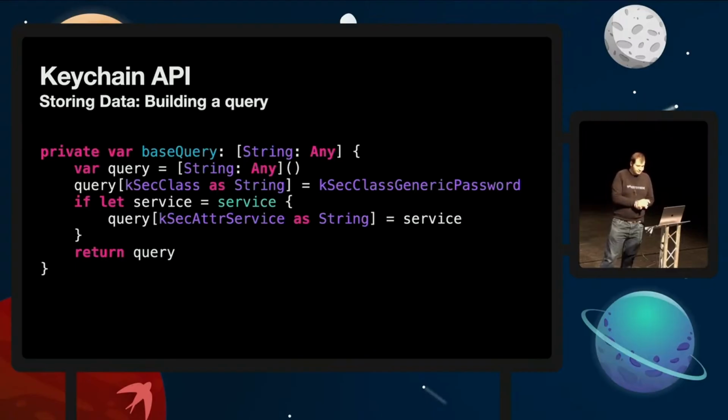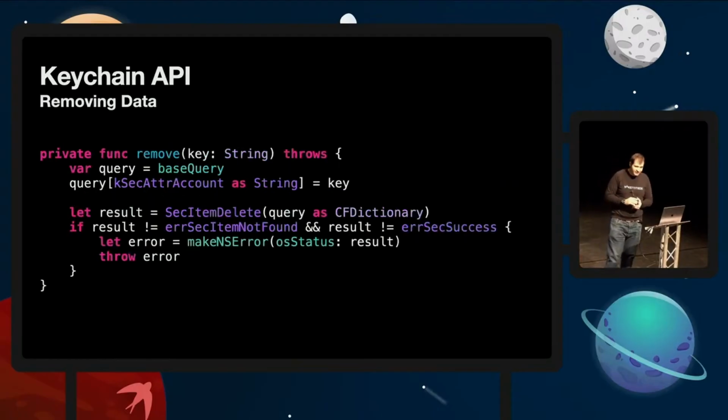And we put that service in already. So once we work with this query, we will add something else to the dictionary, and that's how we will configure the query. For example, the removing is actually simpler than adding or getting the data, and the removal would be the basic request. So simple as that.